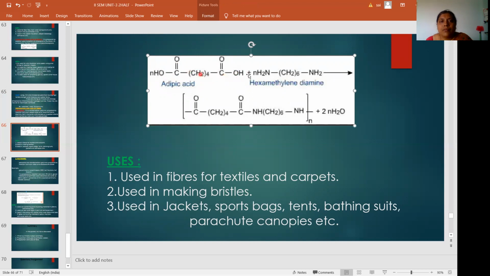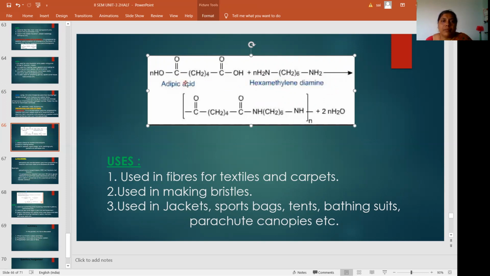Then hexamethylene: hexa means 6, the 6 carbons, methylene groups are 6. Here 1, 2, 3, 4, 5, 6 carbon atoms. And amine groups, diamine: this side one amine, this NH2 group is called amine group. Hexamethylene diamine.